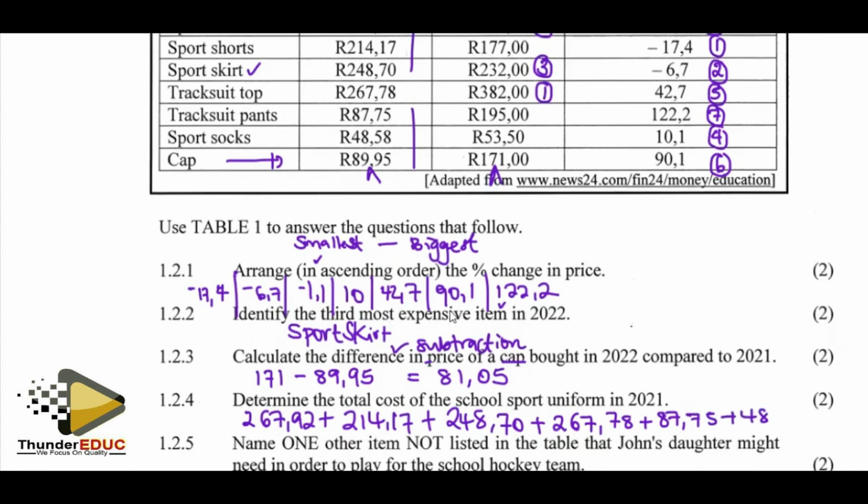We have 48 rand 58 cents and 89.95 cents. And when you add everything up, the answer is 1,224.85 cents.